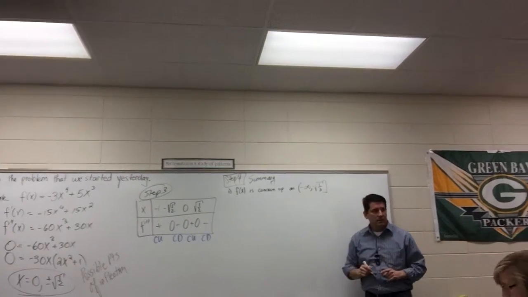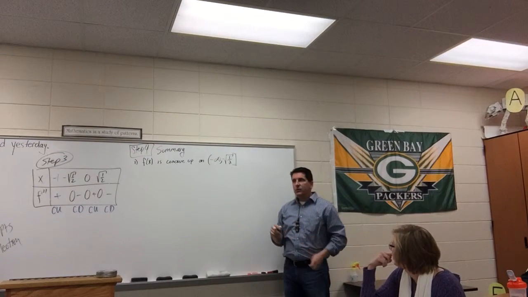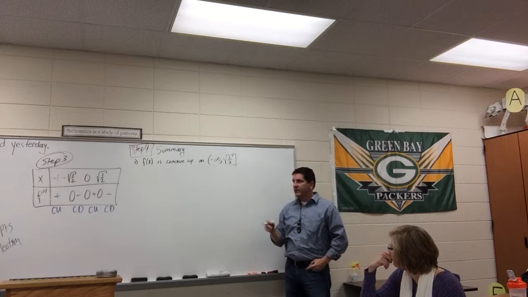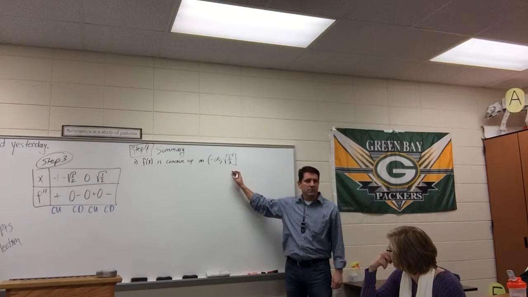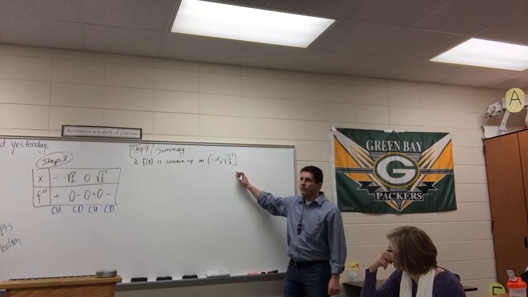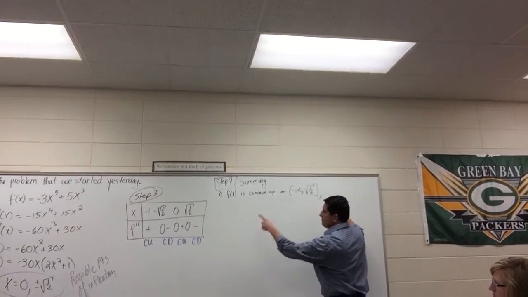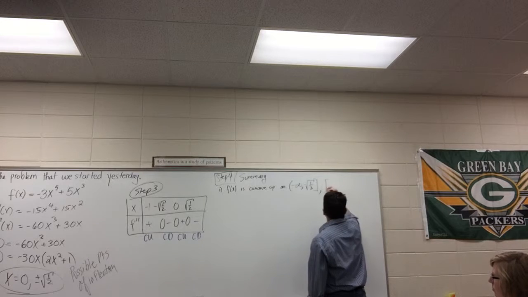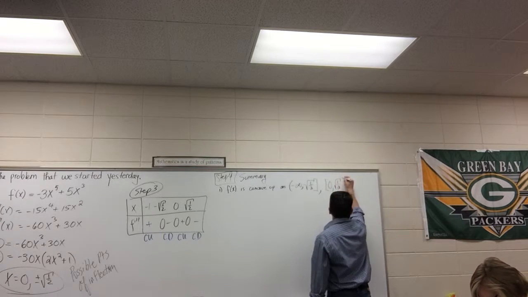It's a bracket because just like increasing and decreasing, you can only be concave up or concave down over an interval. So you have to have a starting point and an ending point. So you got to finish off with something. And then we go from, what was it, 0, to positive square root of 1/2.